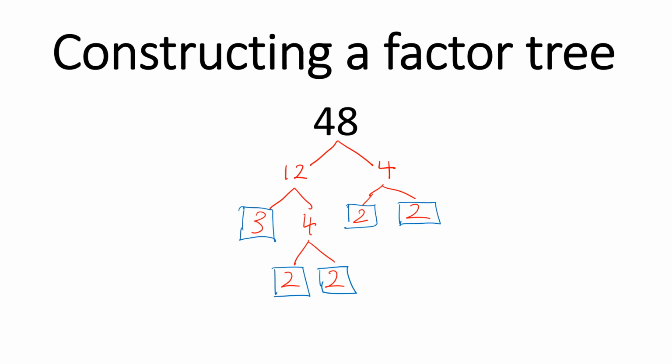Now I write that, and I'm going to write, well, if I was to look at the prime numbers that multiply together to equal 48, I would have 48 equals, and I just list these numbers. 3 times 2 times 2 times 2 times 2. And that's it.